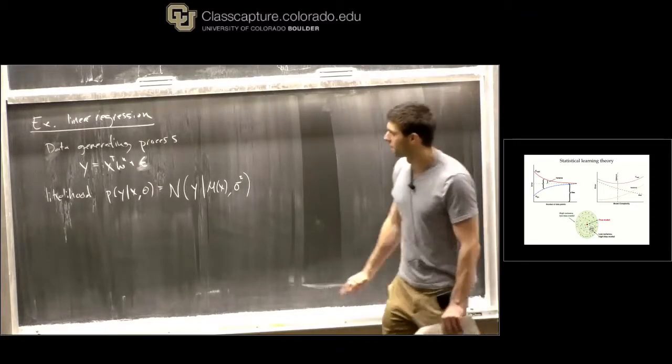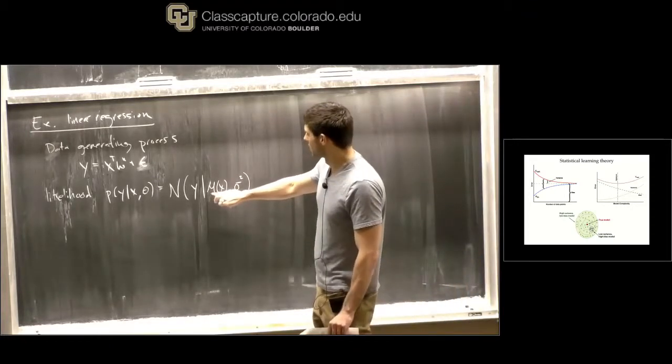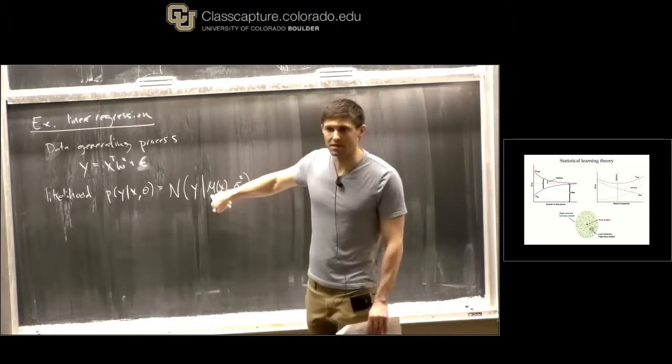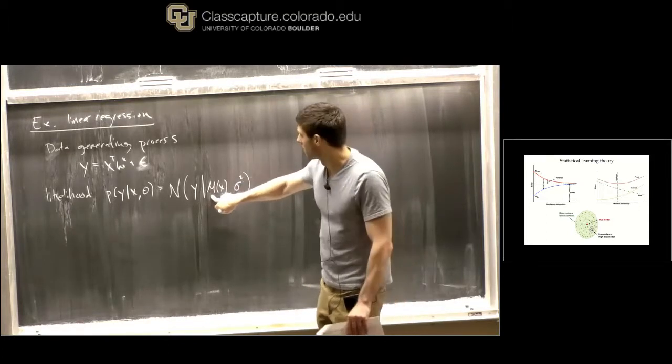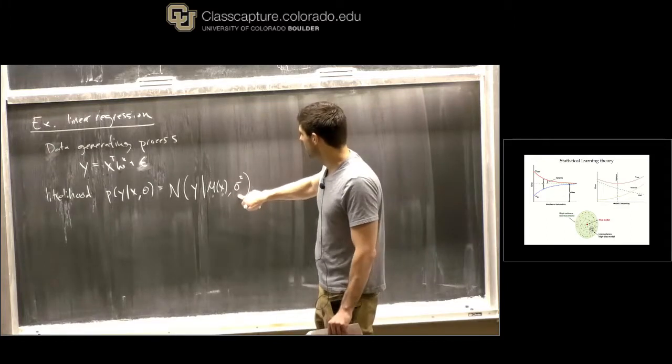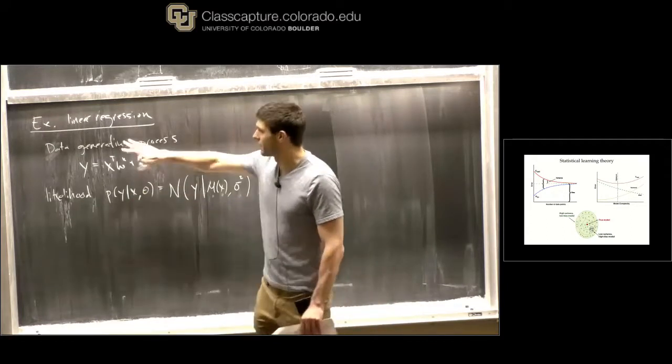So we want to find a way that we can take an input sample x, output a mean of some Gaussian distribution that with some fixed sigma will fit this data.